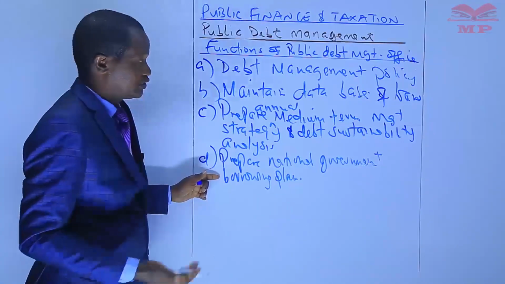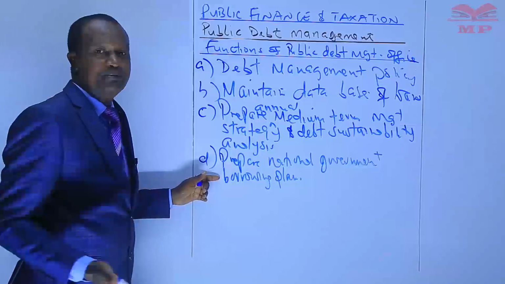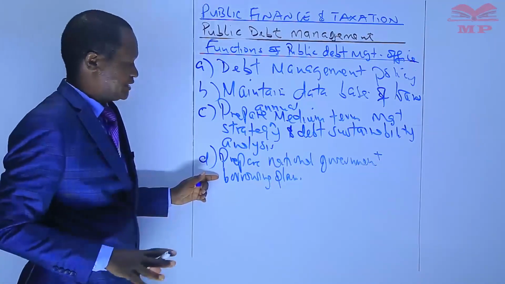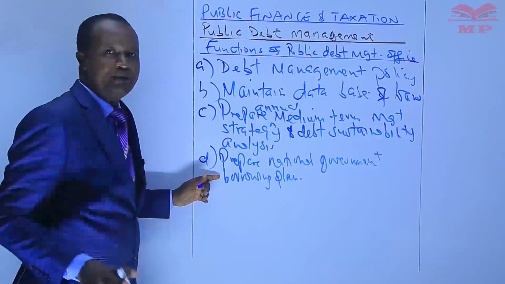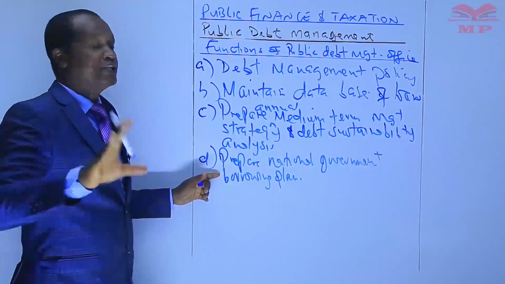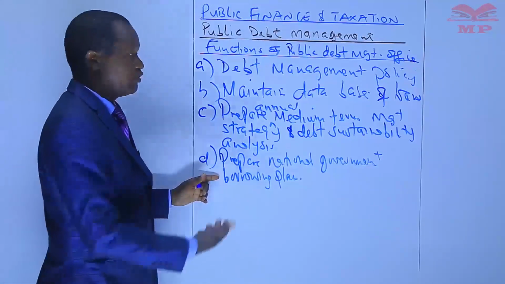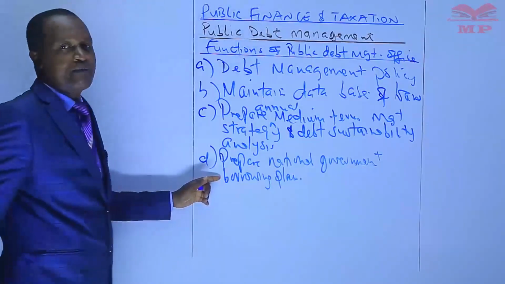That is the other function of the Public Debt Management Office. Prepare and implement the national government borrowing plan, including servicing of outstanding debts.